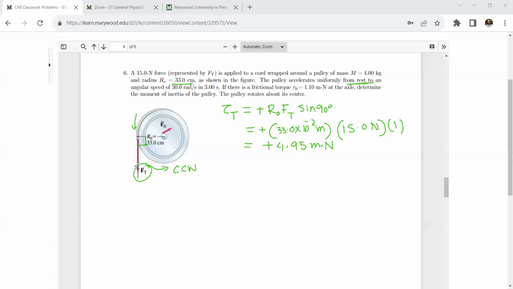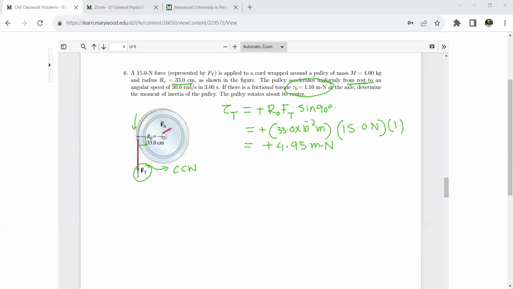Now there is also a frictional torque. You know that friction always opposes the motion. In linear or translational motion you see that friction opposes the motion. So here friction opposes the rotation.